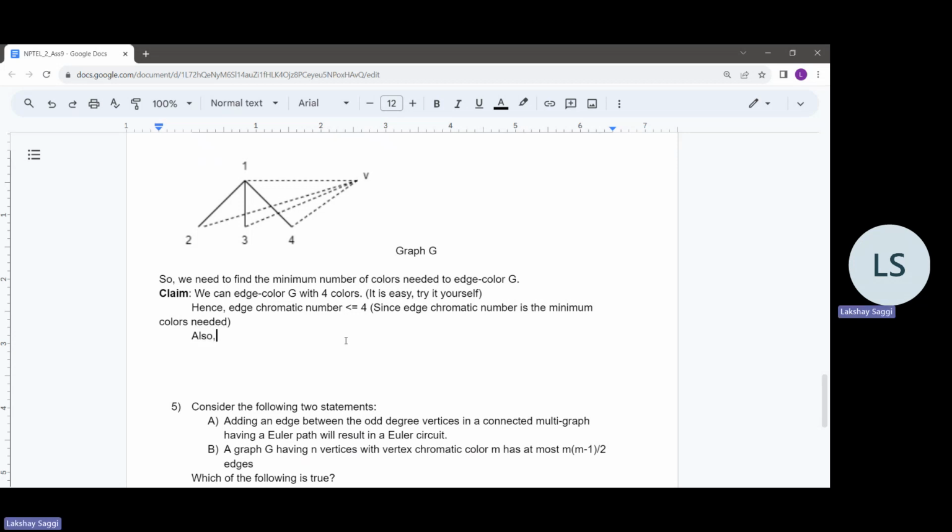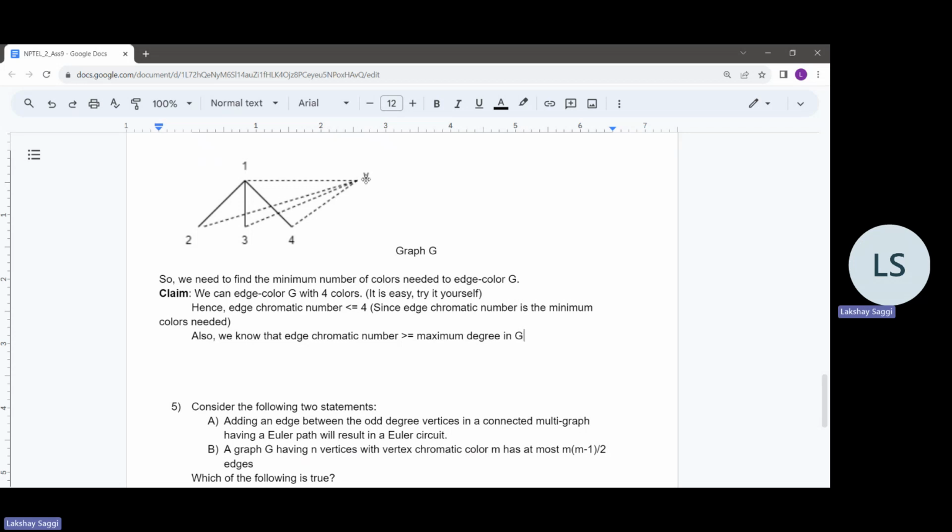Also, we know that the chromatic index is greater than or equal to the maximum degree in G. We know this from our preliminaries, right?